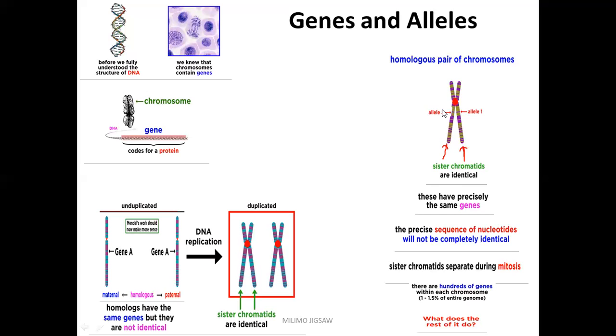That's an allele. The gene is going to code for a protein, as we have mentioned. So homologous chromosomes, or the homologs, have the same genes, but they are not actually identical. And then we have the sister chromatid that we've already explained.